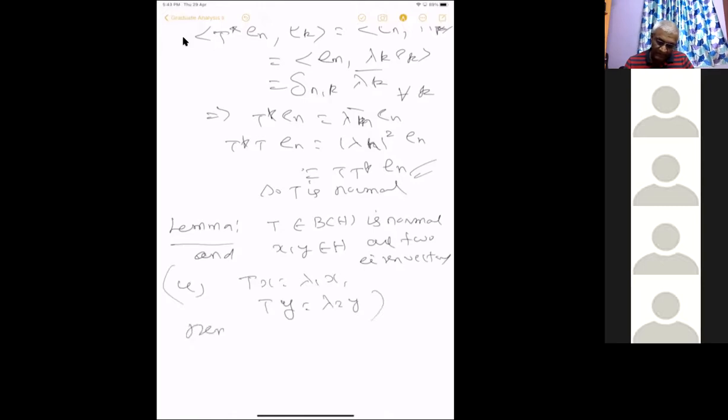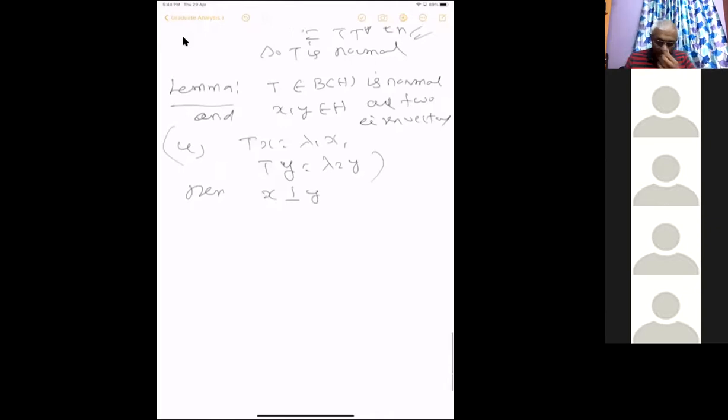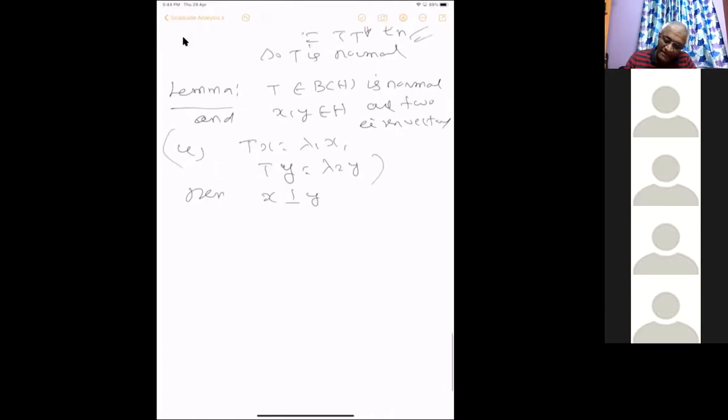Then x is orthogonal to y if the eigenvectors have distinct eigenvalues, lambda 1 not equal to lambda 2. So two eigenvectors whose eigenvalues are different are orthogonal.